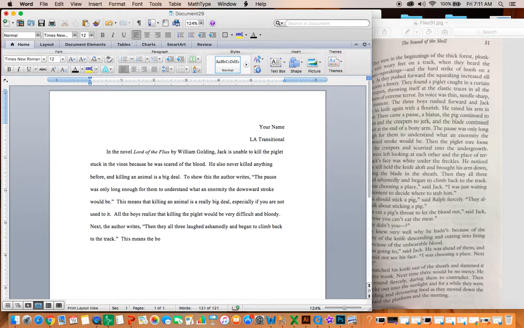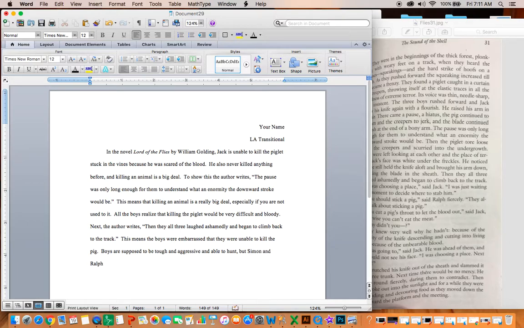This means the boys were embarrassed that they were unable to kill the pig. Boys are supposed to be tough and aggressive and able to hunt, and if you remember the first chapter, who was on the exploration?